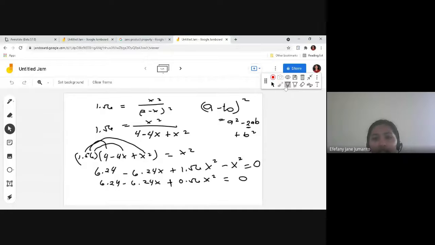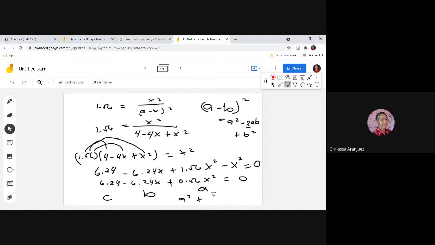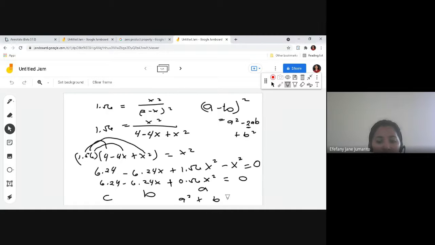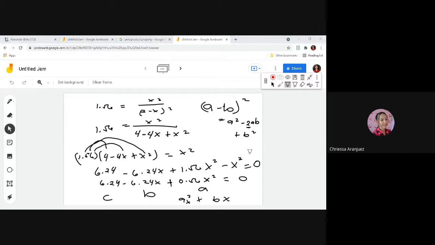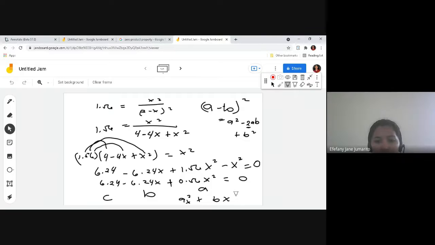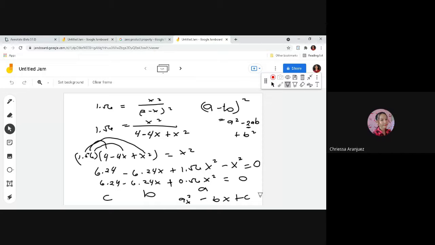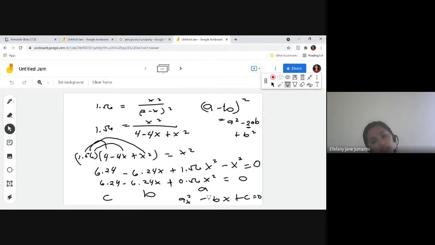This here is A, this is B, and this is C, right? ax squared plus bx plus c equals 0. Minus B, that is our B, class. This is a quadratic equation.